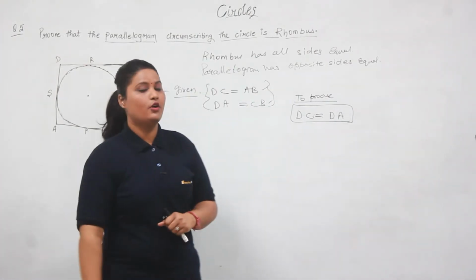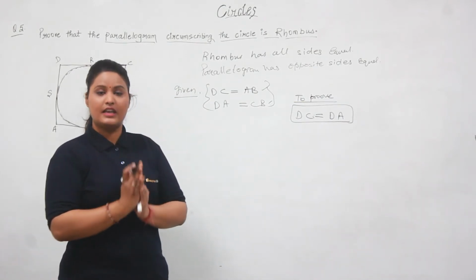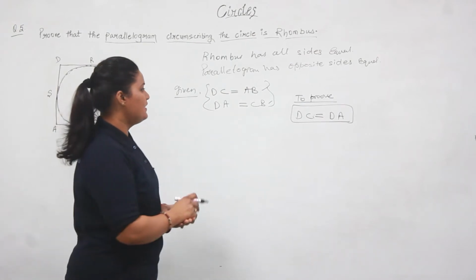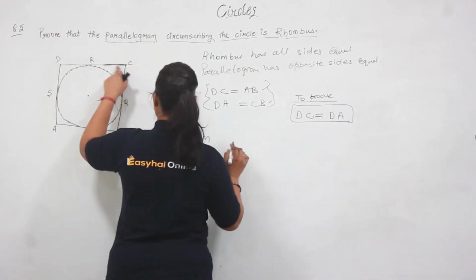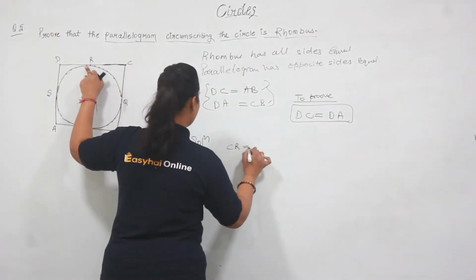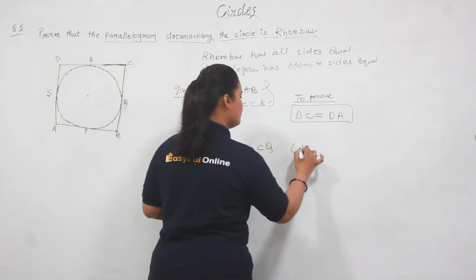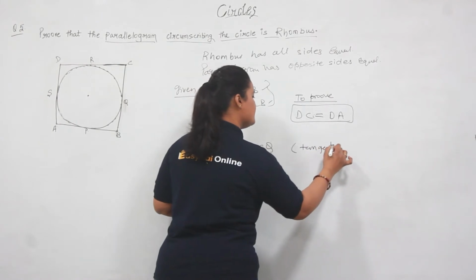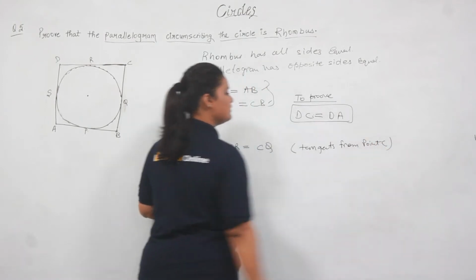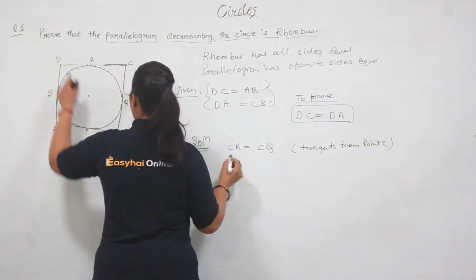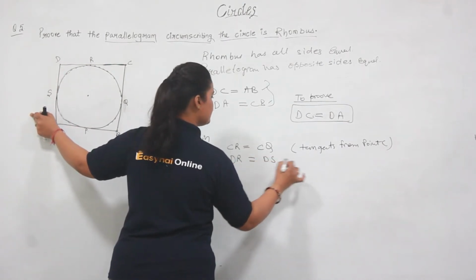Now, according to the theorem of the tangents, from an external point, there are 2 tangents and the lengths of these tangents are equal, right? So I can say that CR is equal to CQ, from tangents from point C, right? Similarly, DR is equal to DS.